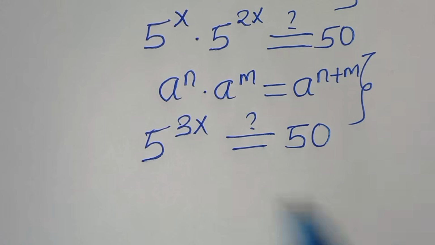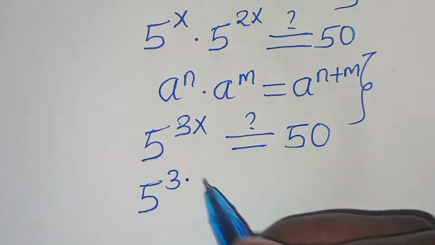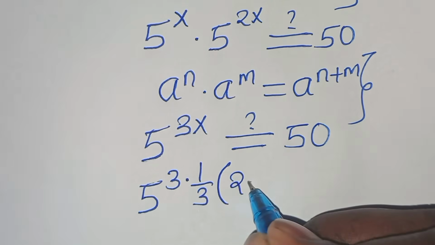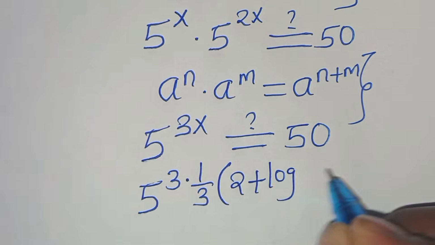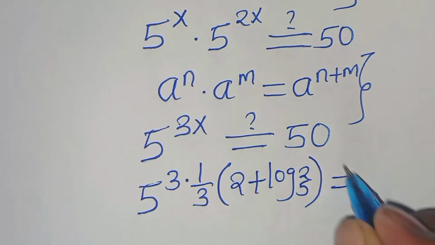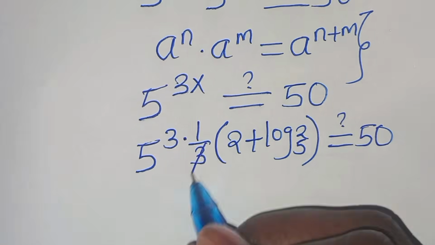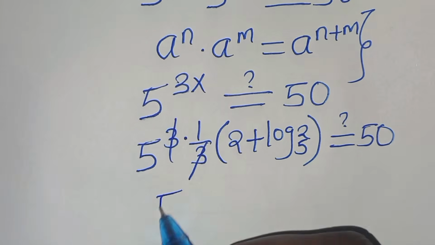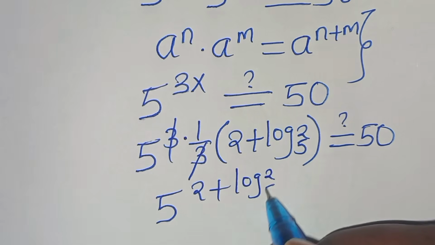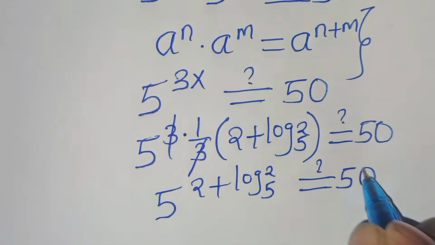Now, here we have 5 raised to the power of 3 times x. x is 1 over 3 in the parentheses. This is 2 plus log 2 to base 5. This is supposed to give us a value of 50. Let's simplify here so that we have 5 to the power of 2 plus log 2 to base 5. This is supposed to give us a value of 50.